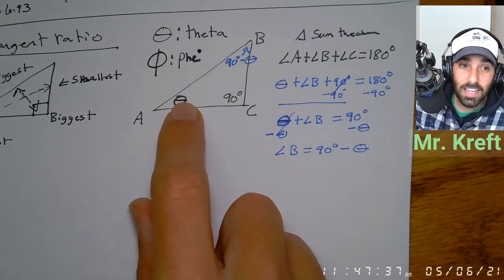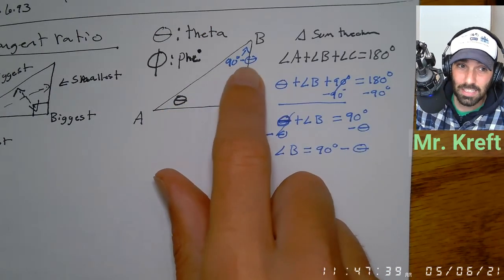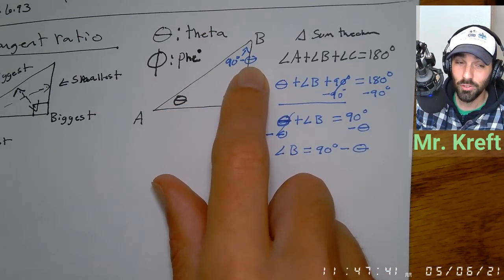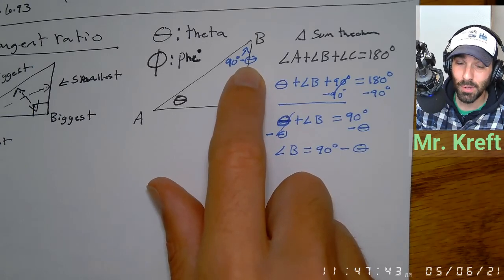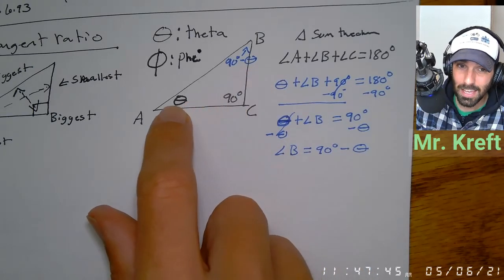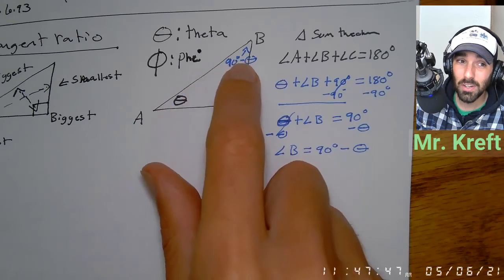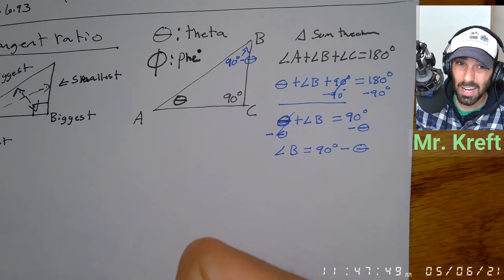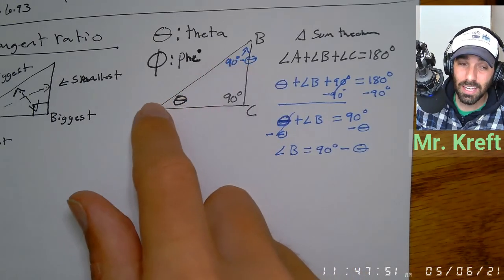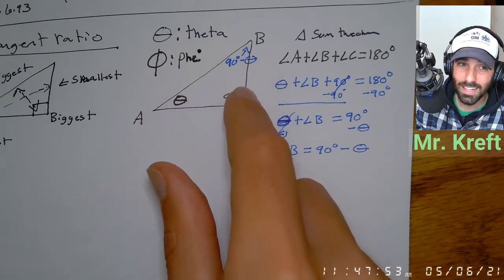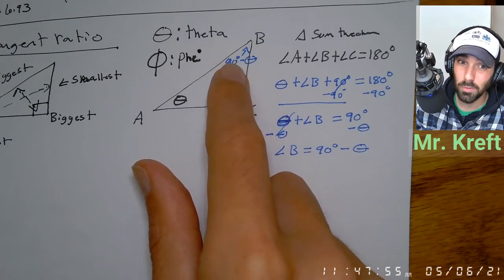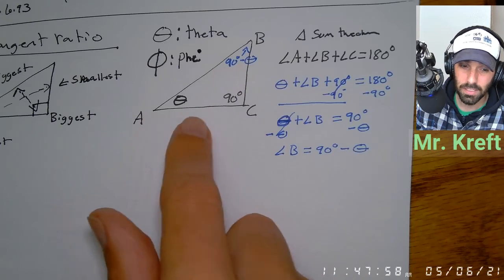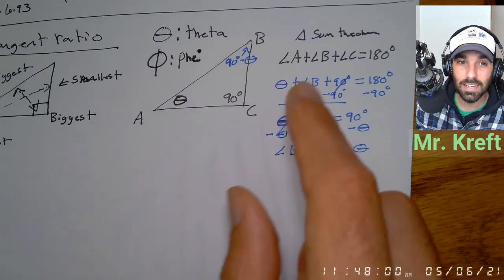But if theta gets smaller, well, now it's 90 minus a smaller number, so that's going to be a bigger number. So if angle A goes down, angle B goes up. That means as angle A gets smaller and this side gets smaller, this angle gets bigger and this side gets bigger. They're directly related.